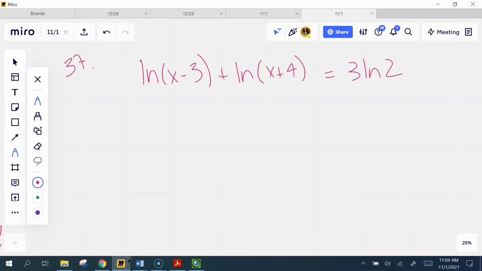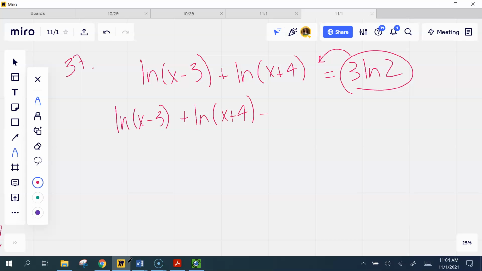You're definitely going to need it because it's going to have e's in it. All right, let's get all the logs on the same side. So I'm going to move this one over and start condensing. Y'all try this one. See if you can get it condensed down on your own.